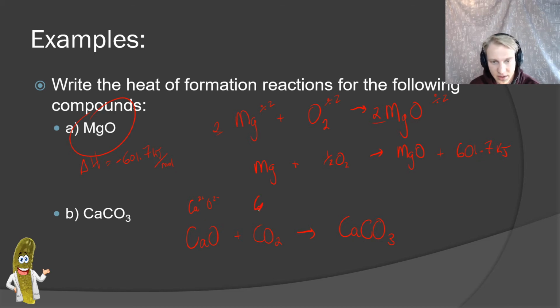In the second one, carbon has a +4 charge, and then you have two oxygens with -2 charges. So those all balance out: +4, -2, -2, which is neutral, or 0 charge. Calcium oxide has a +2 and a -2 charge. So that one breaks rule number 3 in terms of its heat of formation.